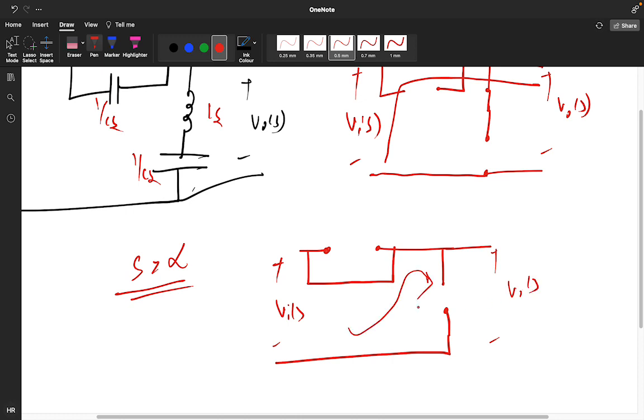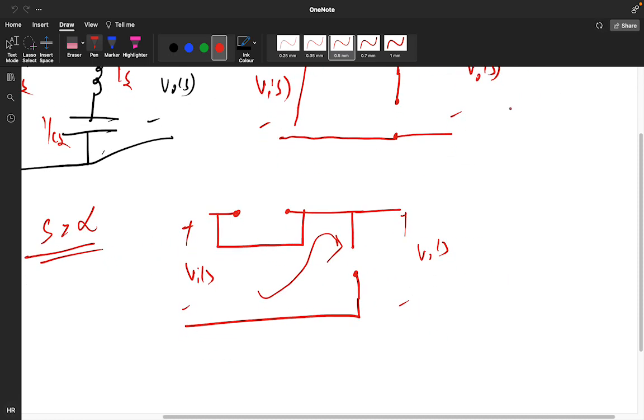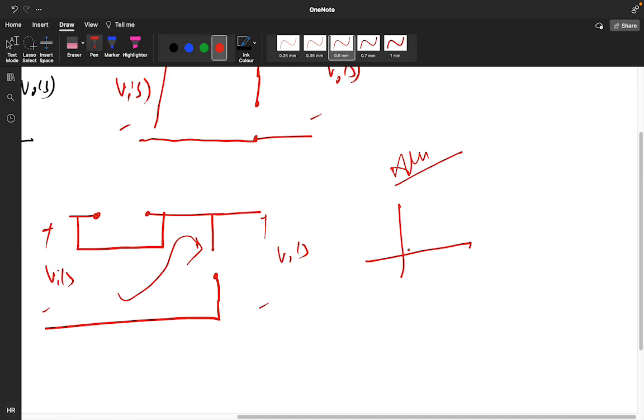So in this also current is passing, means at low frequency the current is passing, and at high frequency also the current is passing. So which filter does this happen in? Either it will be an all pass filter or it will be a band reject filter, because at low frequency my signal is passing, and at high frequency also it is passing.